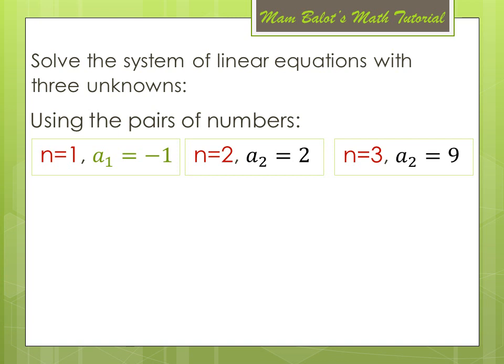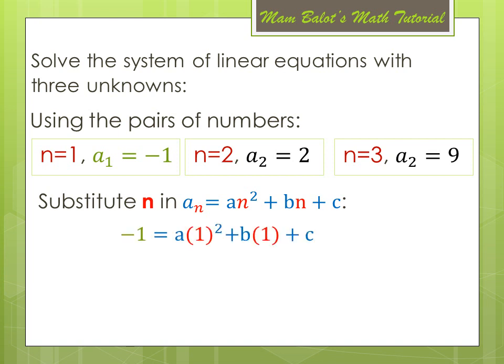So we will start when n is equal to 1 and a sub 1 is equal to negative 1. We will substitute the value of n into a sub n is equal to a n squared plus bn plus c. So if n is equal to 1, a sub 1 is equal to negative 1, which is equal to a times 1 squared, since n is equal to 1, then plus b times 1, which is also our n, then plus c.